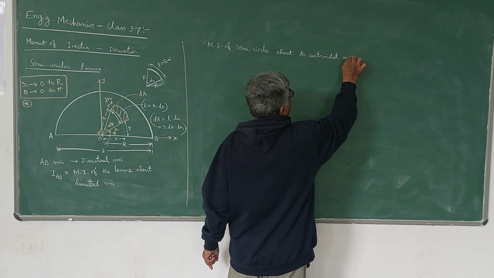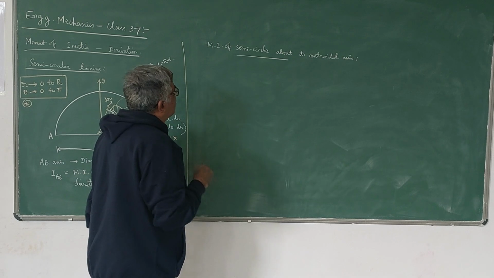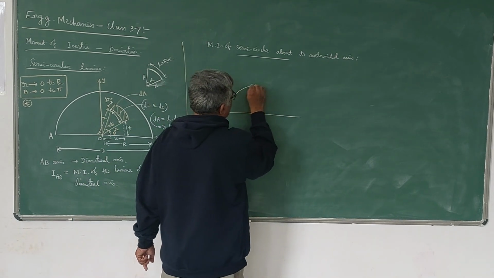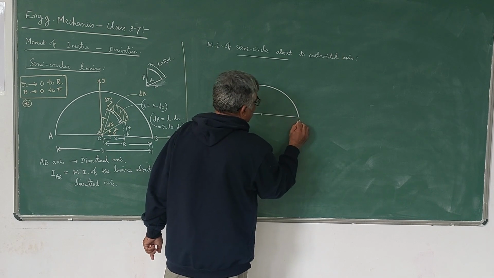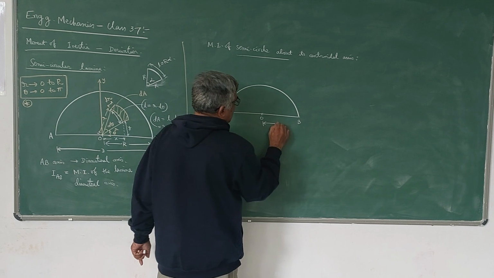Suppose it asks this, you have to proceed further. Here the figure will be the same figure. AB is the diameter axis, O is the origin, and R is the radius.